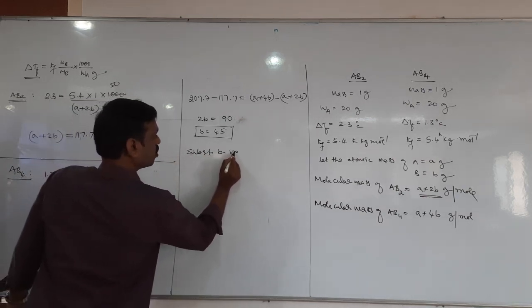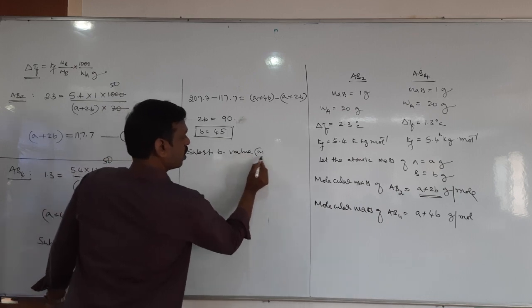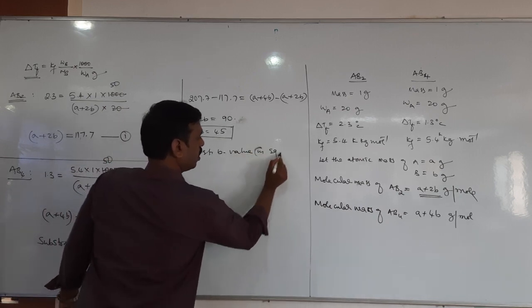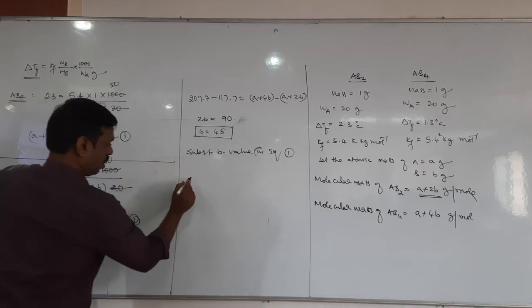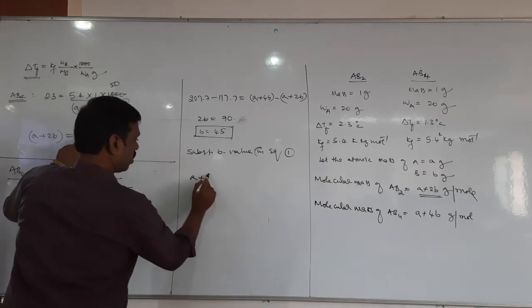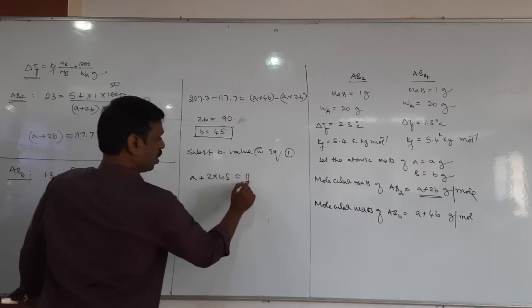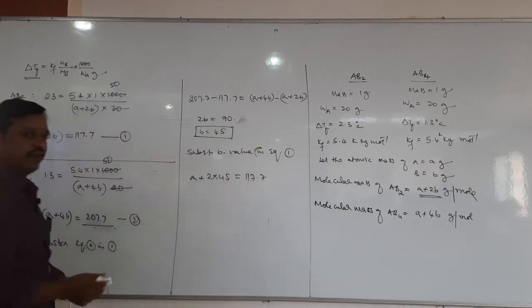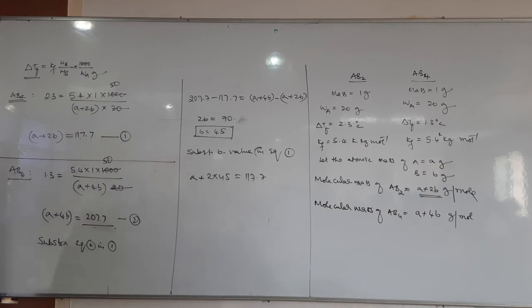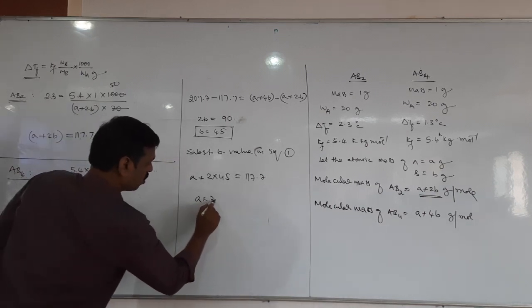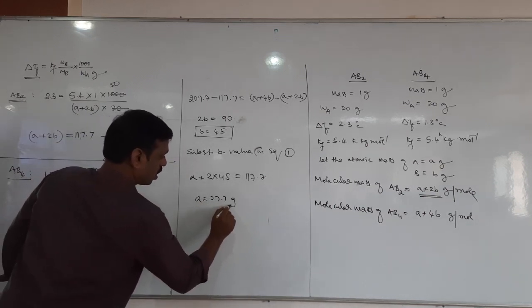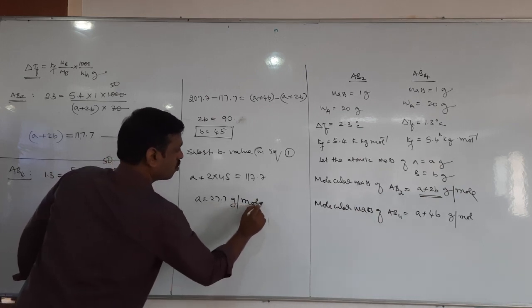Substitute B value in equation 1. It is A plus 2B, 2 into B equal to 45, which equals 117.7, you will get A value. So A equal to 27.7 grams per mole.